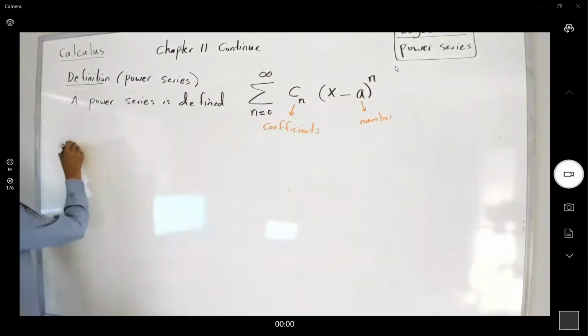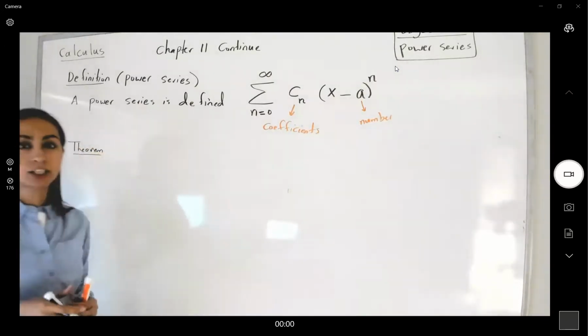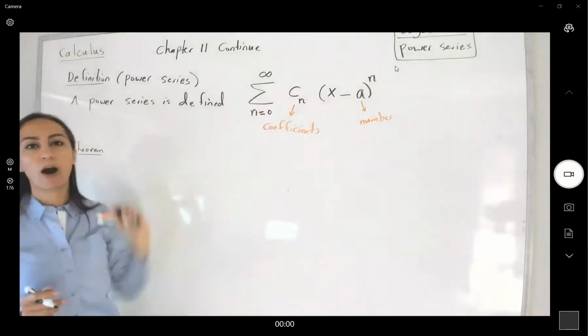We have a theorem. Our goal is to connect functions with power series.